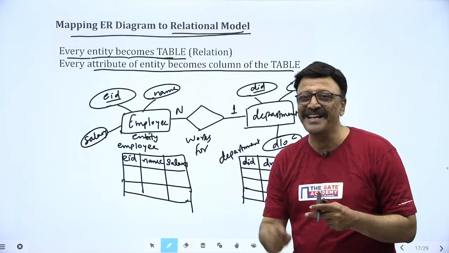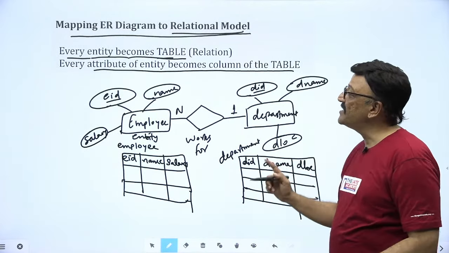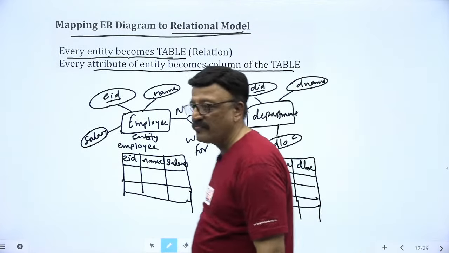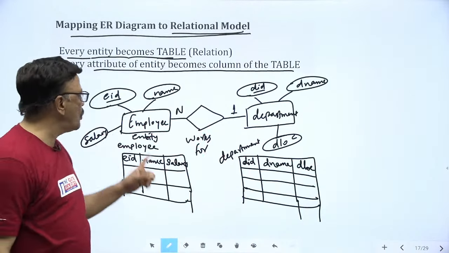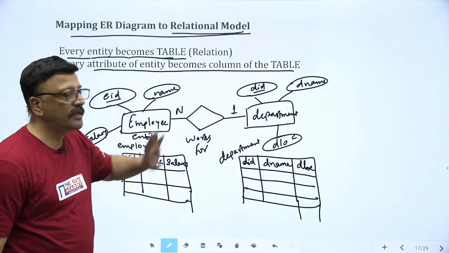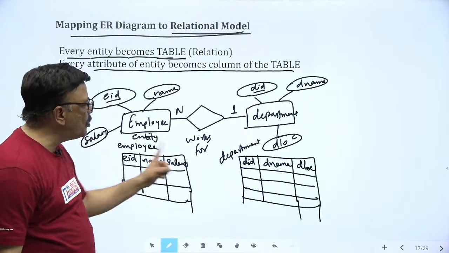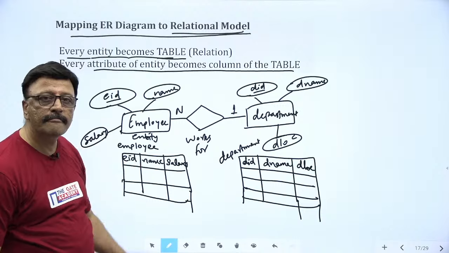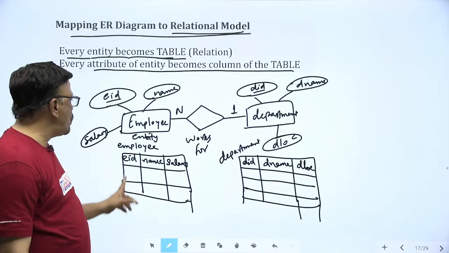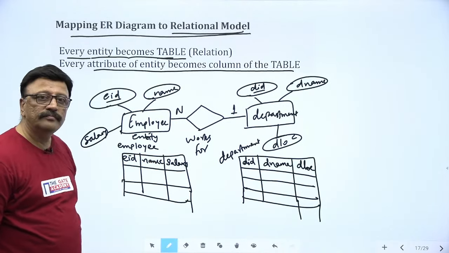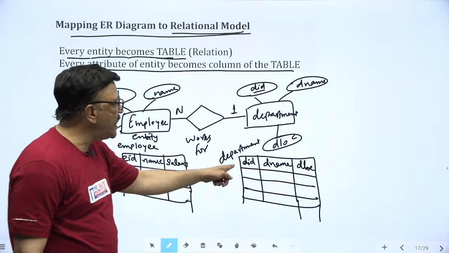Now the point is like this. This is a many-to-one relation. The many side is employee, the one side is department. Keep looking at both the tables. Employee has EID, name, salary. Department has DID, DName, DLoc.